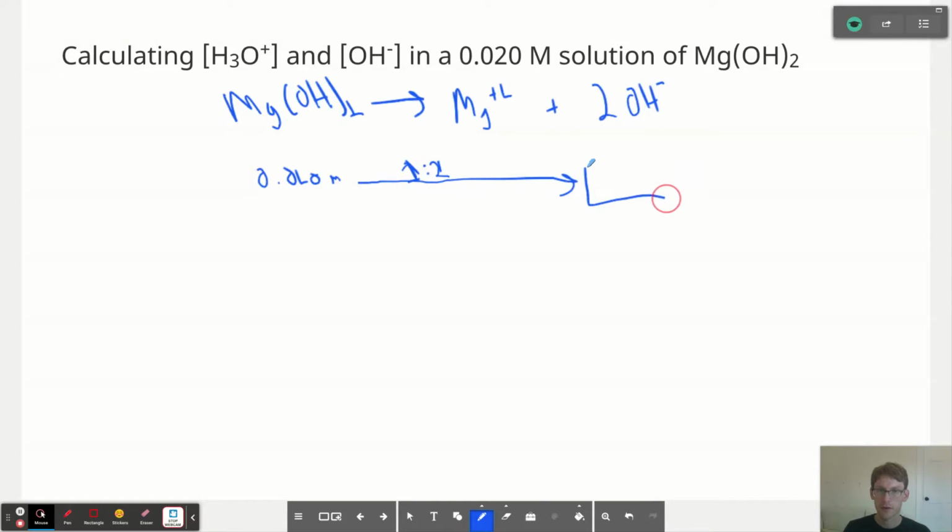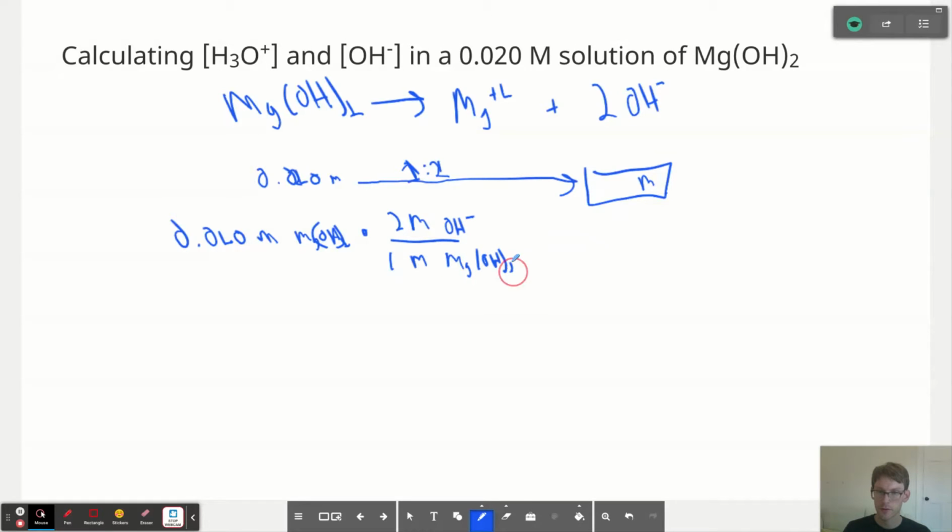So if we're trying to find this, our value is going to be 0.020 M Mg(OH)2 times 2 M OH- over 1 M Mg(OH)2.